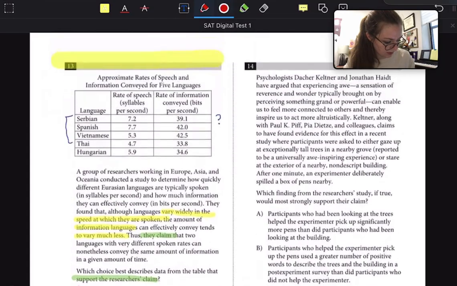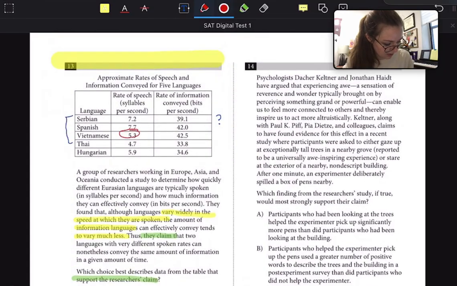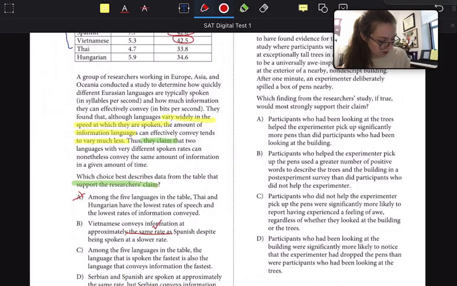So let's take a look here. Let's put this in the other column. We have Vietnamese and Spanish. So I would say yes, they're within 0.5 bits of each other. So yes, we can say this part of the answer is correct, despite being spoken at a slower rate.